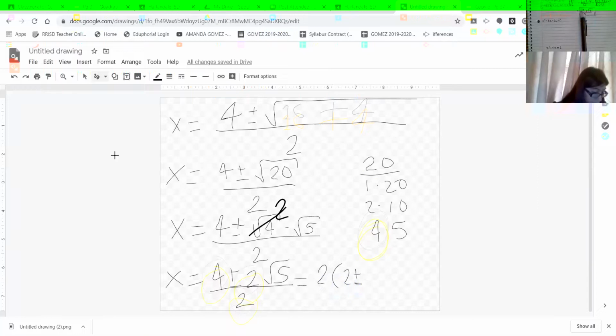And then 2 times what gets me 2? 2 times 1. Okay. Then I'm going to bring over that square root of 5. I can't forget it. And again, 2 times what gets me 2? 1. All right, now, what happens to this 2 over 2? Reduces to 1. Let's reduce to 1. Make that one giant again. So in that case, what's my final answer?